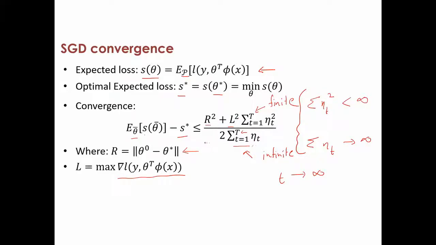So this upper bound goes to 0, which means that the expected loss of theta bar, when you take expectation over all the random trajectories, is exactly equal to, as t tends to infinity, your actual optimal loss. So this is the kind of guarantee that we will provide.